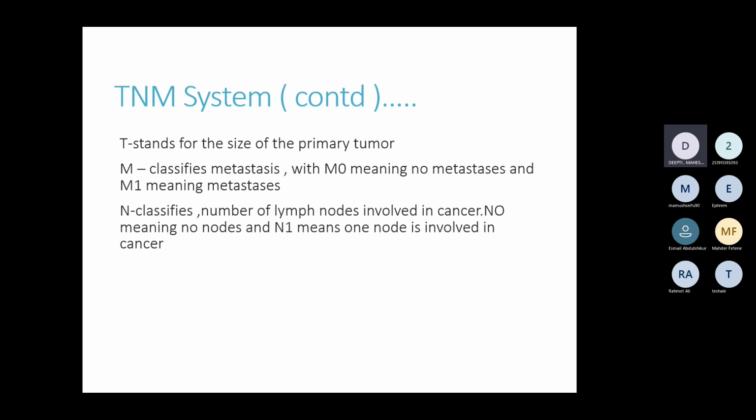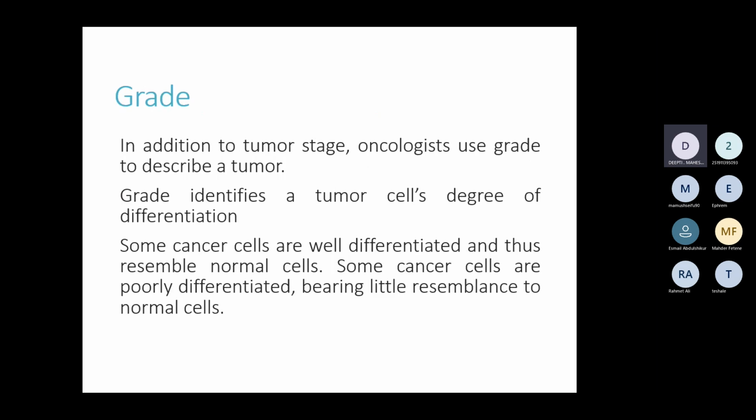On that basis, the oncologist will decide whether aggressive chemo or a moderate chemo has to be given. So all this information is useful for an oncologist for understanding the cancer, the extent of spread, and whether it is fast multiplying or not.